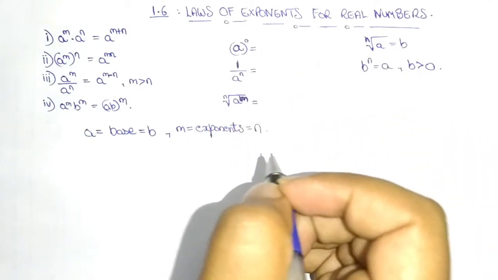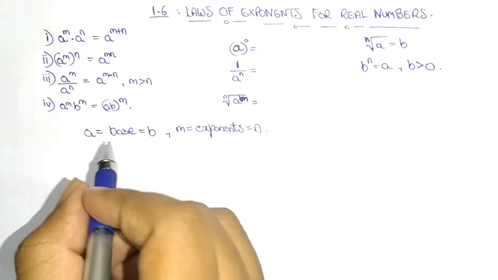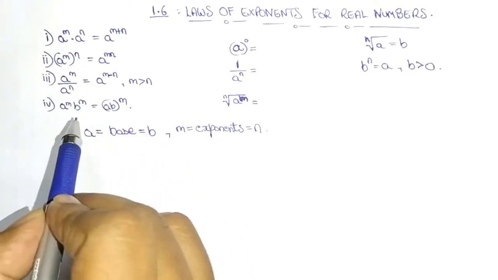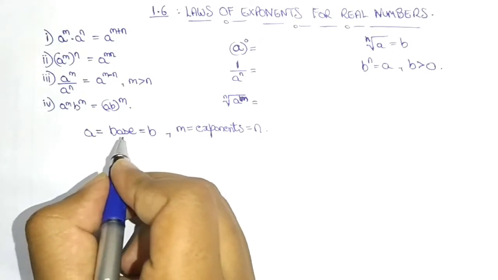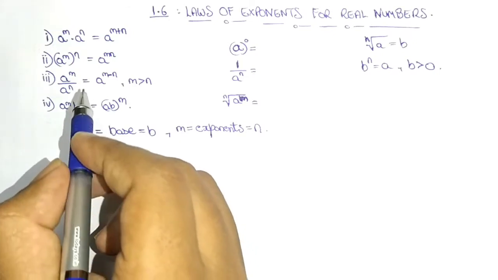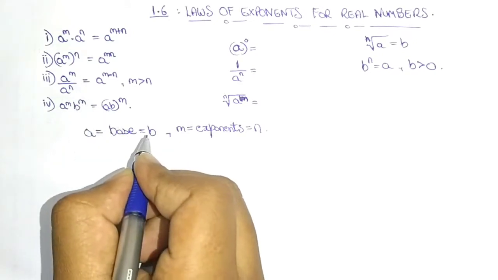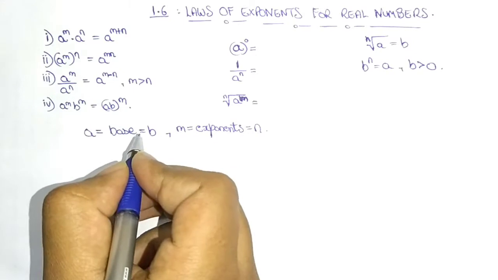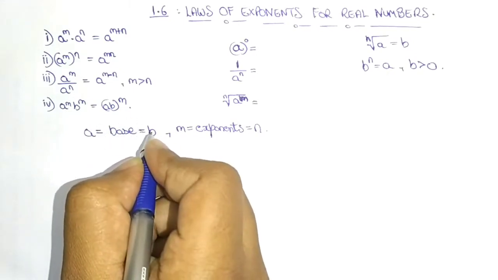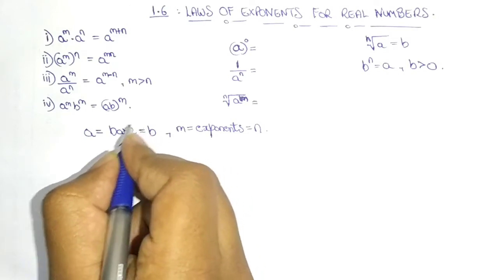Now going to the nomenclature, whichever A you see here corresponds to the base. A is nothing but a base, and B, whichever you see here, is also a base.